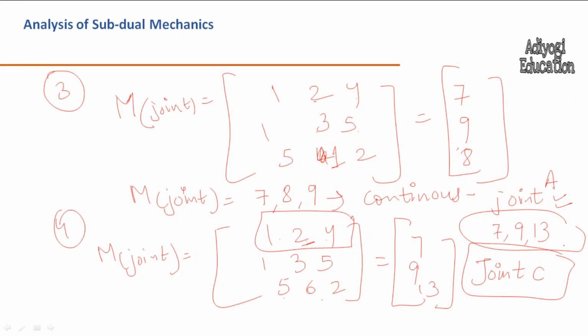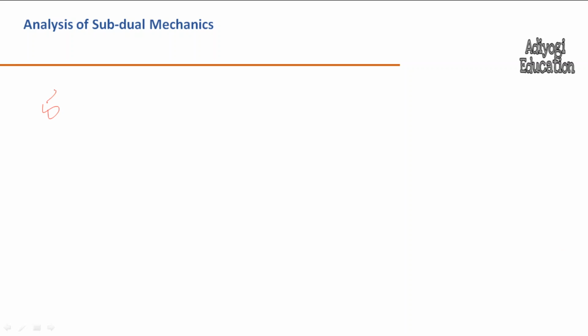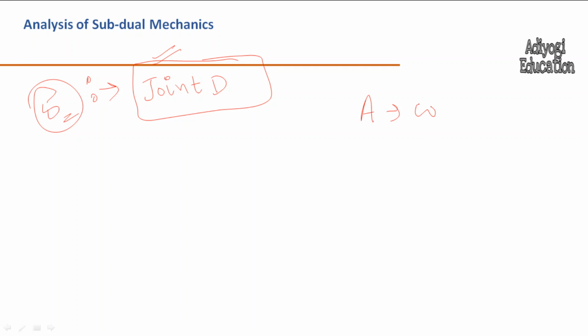I hope you understood the concept. Let's take one more example. Under what condition is the solution joint D? When it is joint A, it means it is continuous.